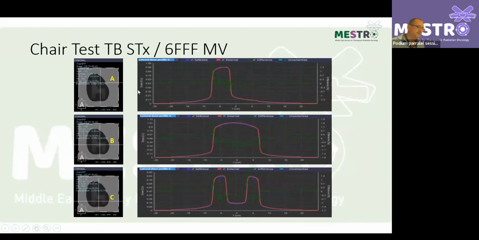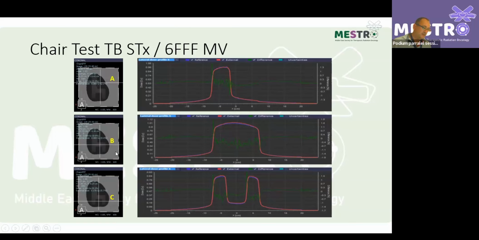This is an interesting test called the chair test. I calculated it in Eclipse and simulated it in Primo. Why is this interesting? Because with profile A, we can confirm our MLC transmission, and profile C between the two legs of the chair allows us to confirm our DLG, dose leaf gap.